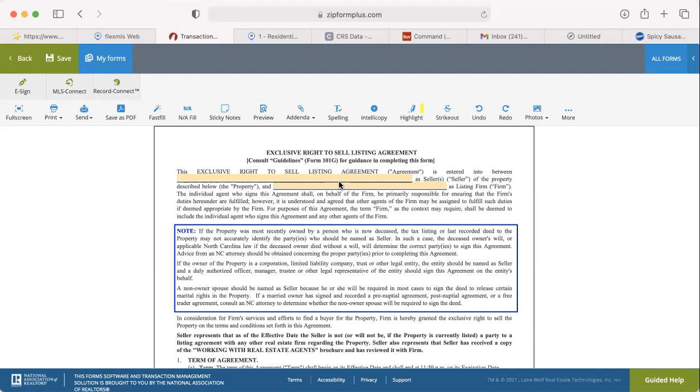There are a few small differences in the form, but it's usually in regards to septic, well, and water and sewer and that kind of stuff with regard to a vacant lot. So with that, we're going to get started with this.